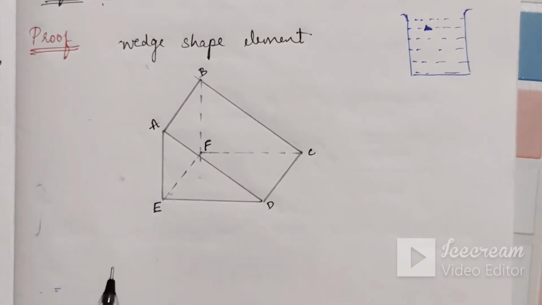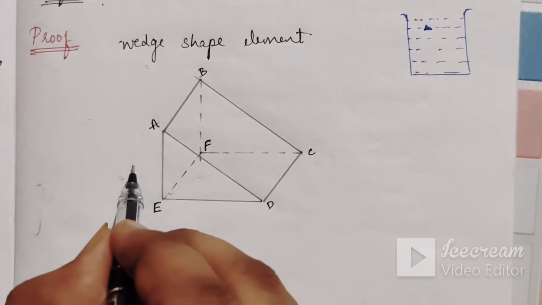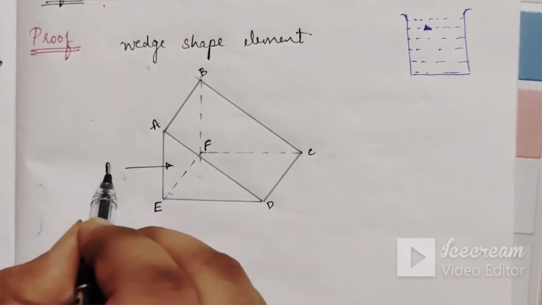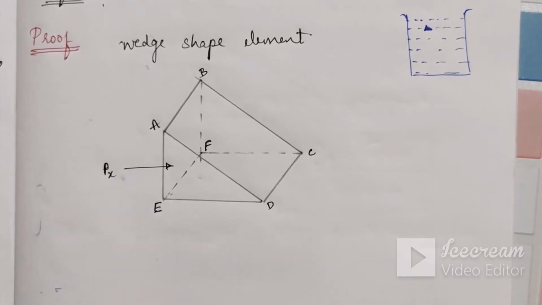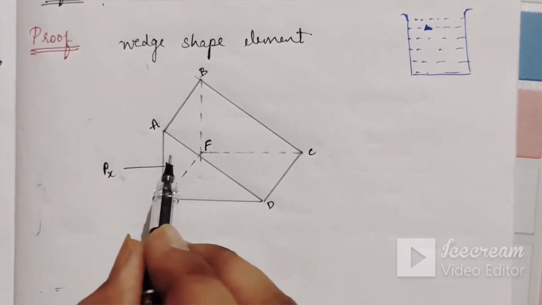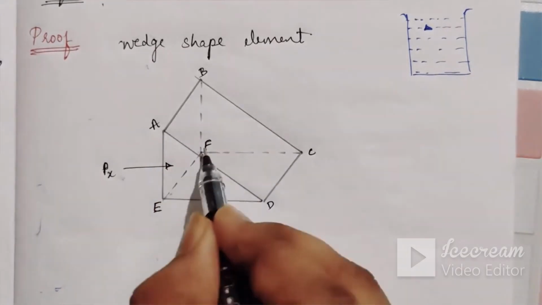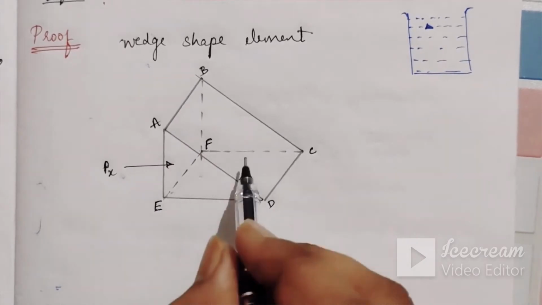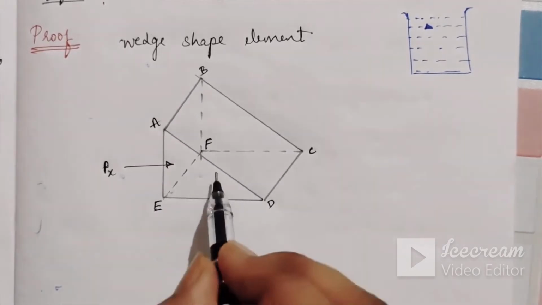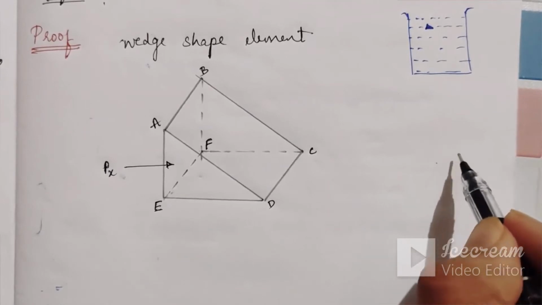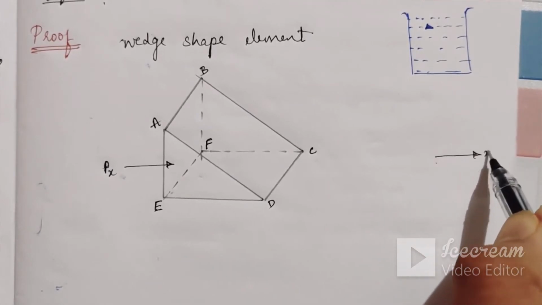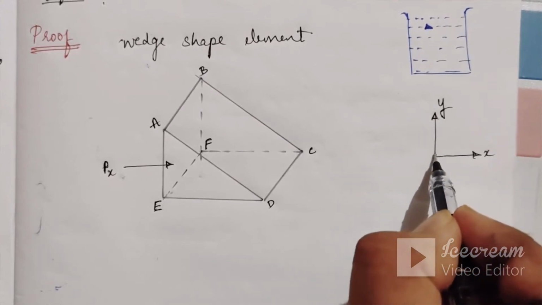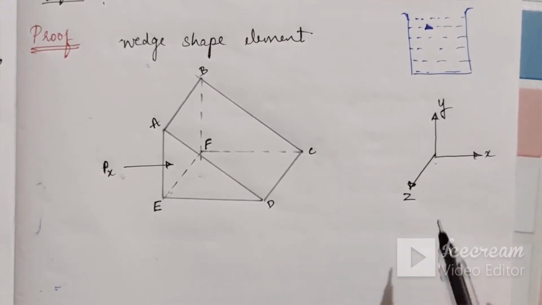Now, the pressure force acting in the X direction, I'll take it as Px, on this face A, B, E, F. Next, the pressure force acting in the Y direction, upwards. So I'll show you, this is X, this is Y, this is Z.